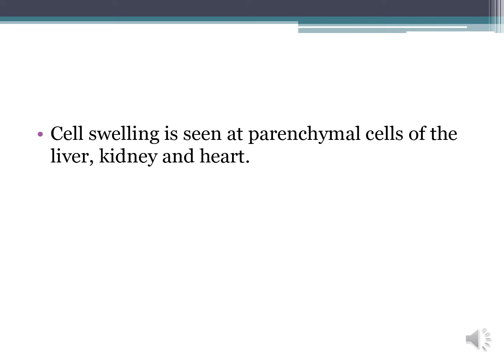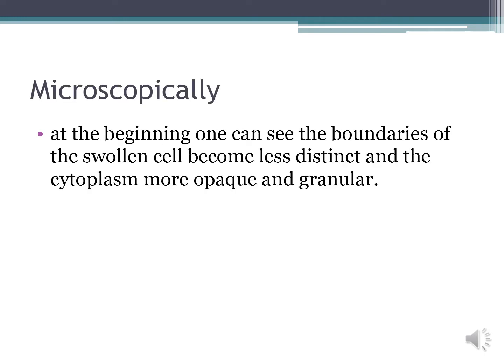Cell swelling is seen in parenchymal cells of the liver, kidney, and heart. Grossly, sometimes we can't see anything, but under the microscope, at the beginning one can see the boundaries of the swollen cell become less distinct and the cytoplasm more opaque and granular.